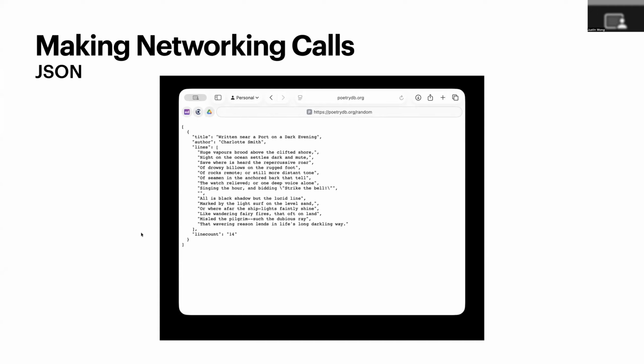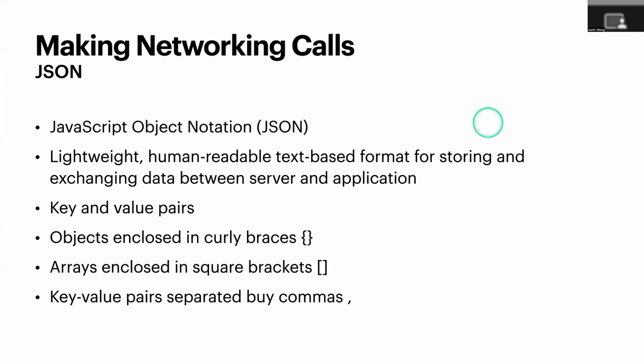It's basically a dictionary, right? Here we have the key title, associated to a value, which is the title of this poem. Then here we have author, the author name, and so forth. JSON stands for JavaScript Object Notation, and it's a lightweight, human-readable, text-based format for storing and exchanging data between a server and an app. The data is structured in key and value pairs. Objects are enclosed in curly brackets, arrays are enclosed in square brackets, and each key value pair is separated by commas.